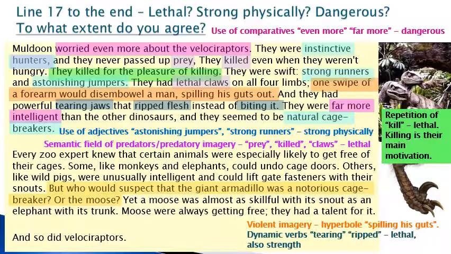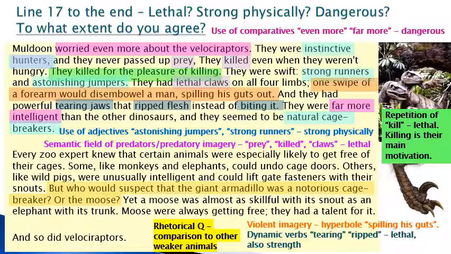These rhetorical questions I think are interesting. I've identified these because lots of you often find it easiest to identify rhetorical questions. Who would suspect that the giant armadillo was a notorious cage breaker, or the moose? Now, these aren't directly about the velociraptors, but you can use this rhetorical question to talk about the velociraptors. The rhetorical questions make a comparison to other weaker animals and emphasize how even weaker animals can be some kind of threat in terms of escape.